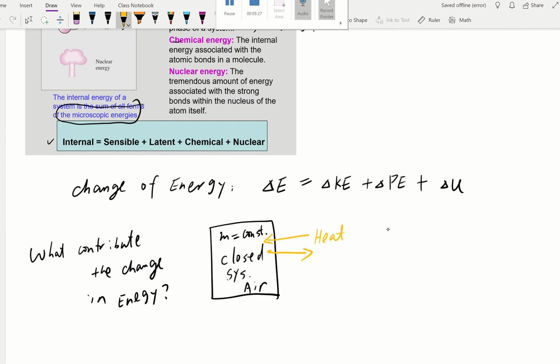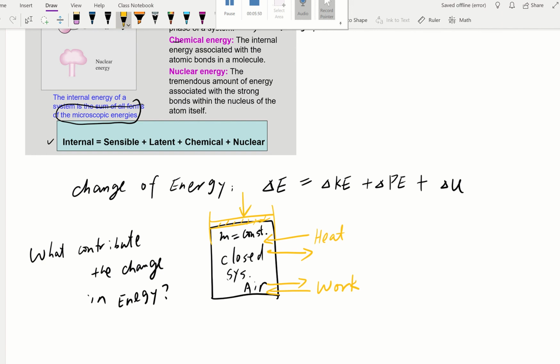And how about another thing? How about if I add work, or the system does work on the surroundings? That would change it too. For example, this is still a closed system, but it has a piston here. If I were to push this piston down, what happens? The air inside is going to be compressed.